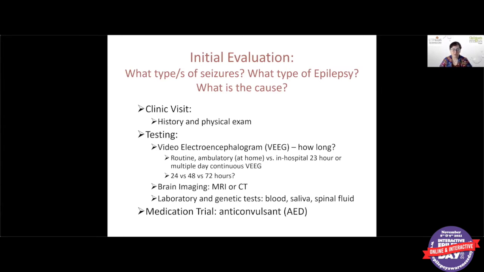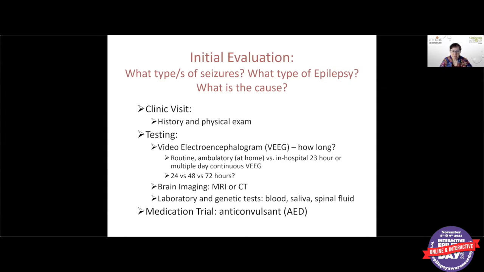And then also the examination of the patient. So if there's anything that is a clue that there's something going on in the brain, or especially something focal that's abnormal, in the neurological exam, that can also be a clue as to what's causing the seizures to happen.